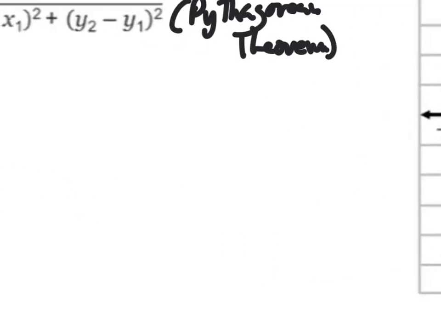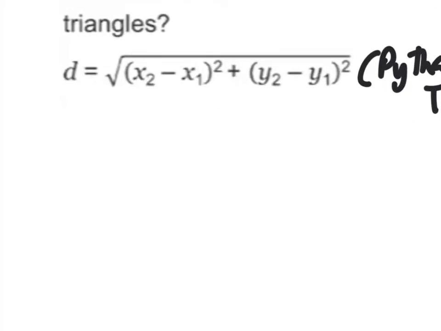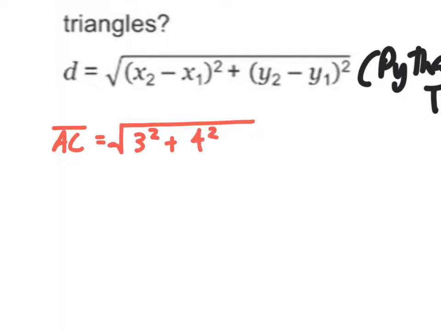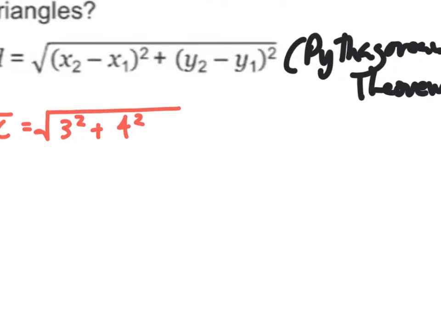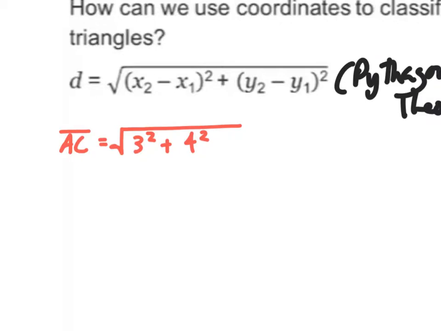So I'm going to say that length AC is the square root of my sides, which is 3 squared plus 4 squared. I'm essentially doing the distance formula here, but I can just get used to writing it this way. I get that by saying AC squared is equal to 3 squared plus 4 squared.